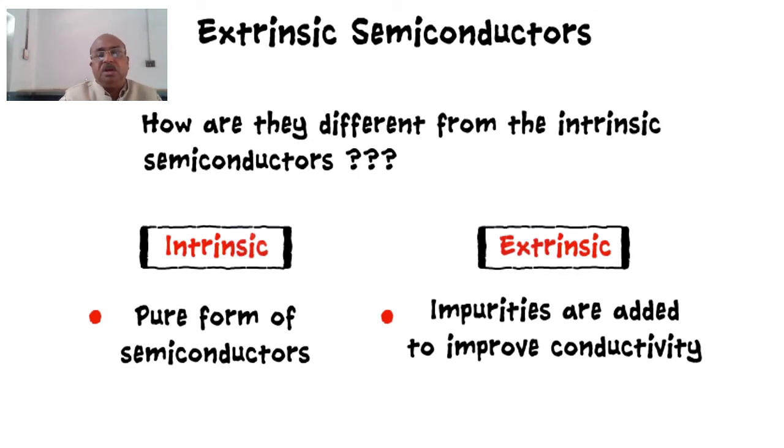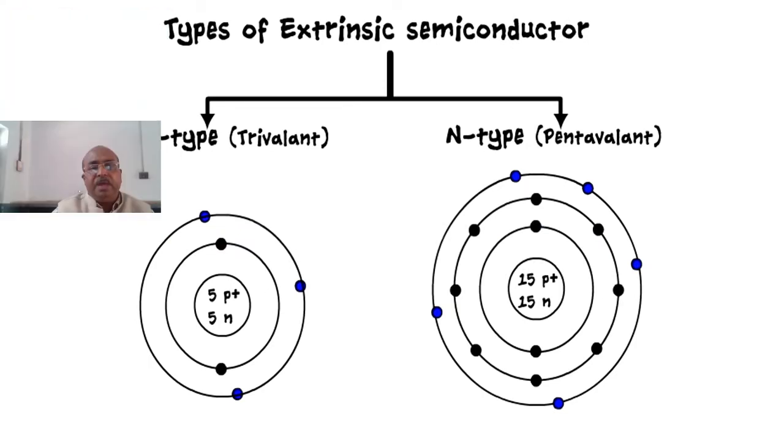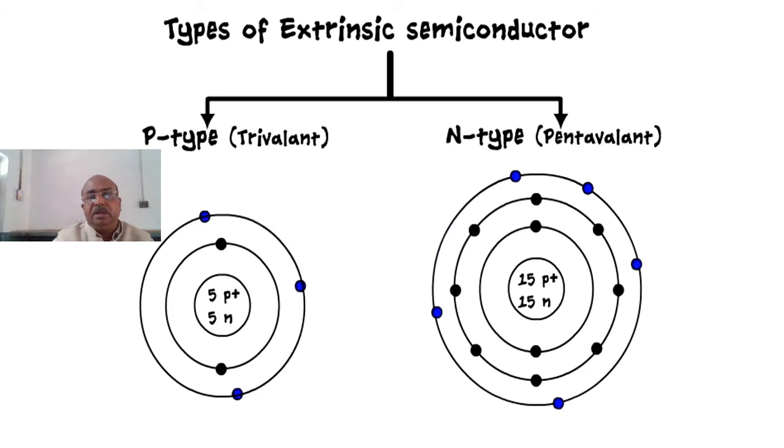Now let us look at how this is being done. If you see here again, we have a depiction of the types of extrinsic semiconductor. These are of two types. They may be p-type or n-type.